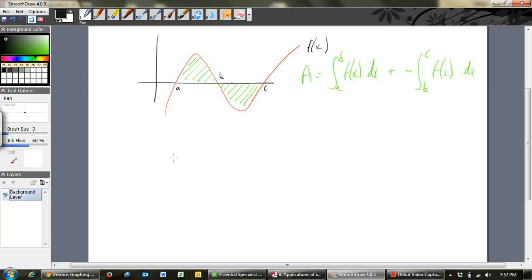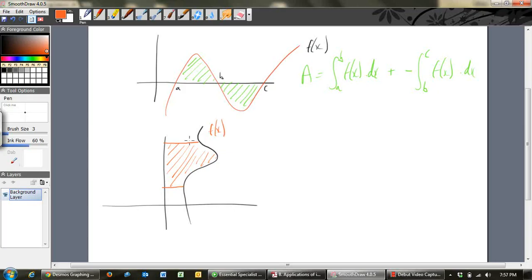And that's basically it, except for the case where you've got some function, and you want to know between A and B, what about this vertical area here? So far we've been talking about the area between the function and the x-axis. What about if we want to know the area between the function and the y-axis, between the points A and B?